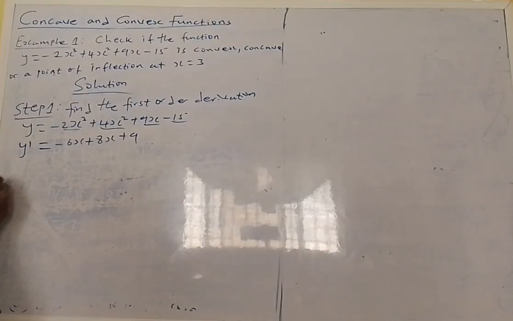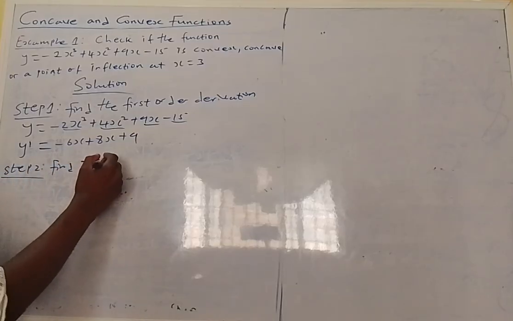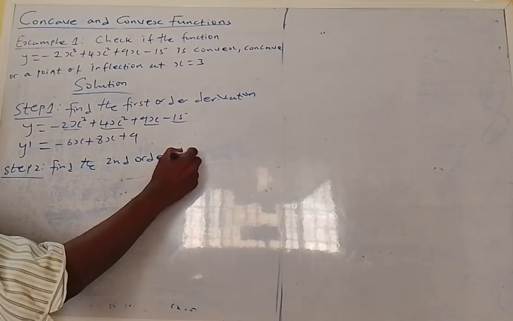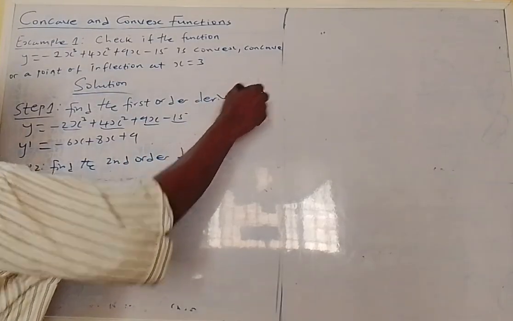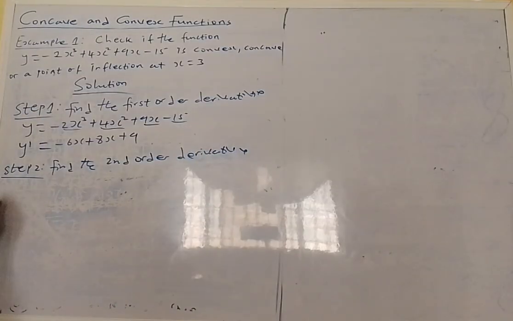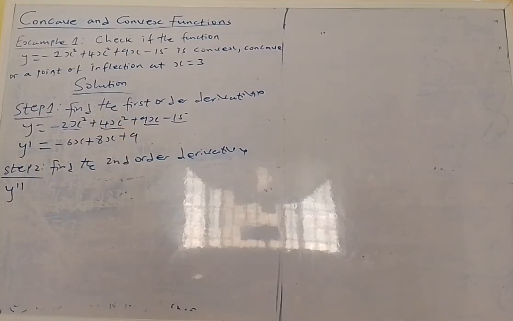Now step 2 says to find the second order derivative of the function. The second order derivative, y prime prime, means that we need to differentiate this first order derivative.